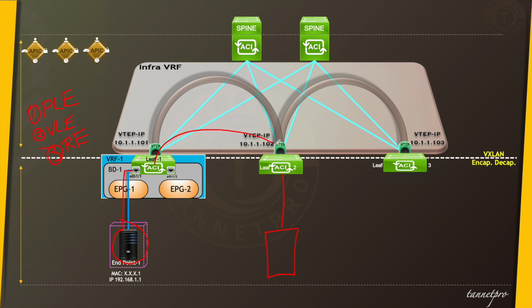So this endpoint is remote to this leaf switch. That's what we call this endpoint, for this leaf switch, a remote endpoint, right. And for this leaf, this endpoint will be treated as a remote endpoint. Hope it is clear. Makes sense, right?